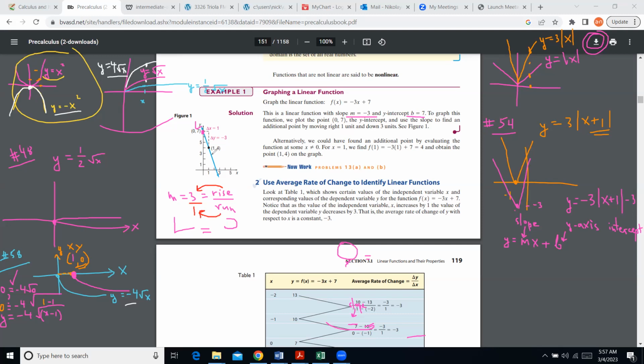In other words, if you start at point 7 on the y-axis, and if you move by 1 to the right, that'd be your so-called run. And then since the slope is actually -3, then you go down 3 units along the y-axis, and that's how they produce the second point. So using a slope, you can produce another point, and then you connect these 2 points and you get a graph of the line.